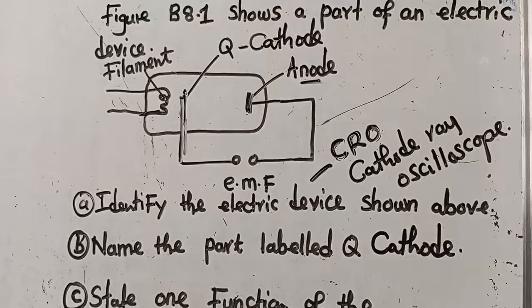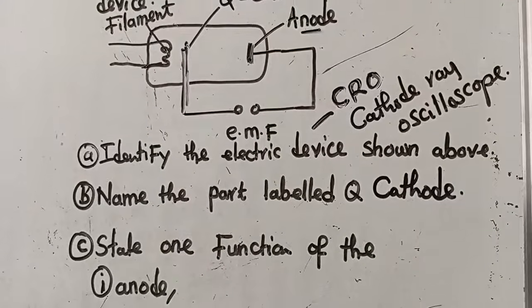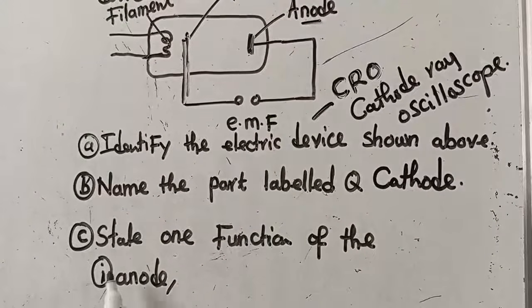We now move on to the next question. This question is saying, state one function of the anode. What is the function of the anode? The function of the anode is something that is so simple.